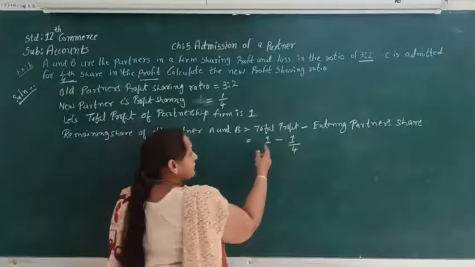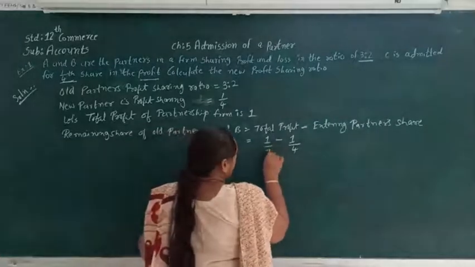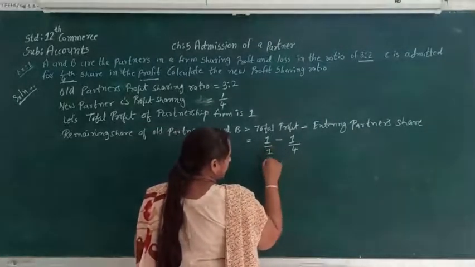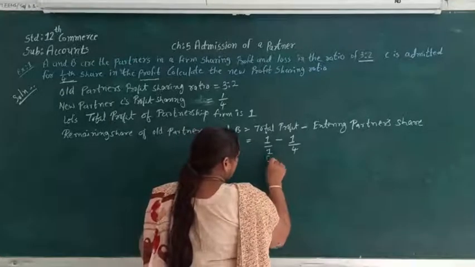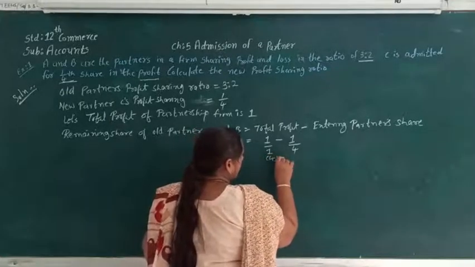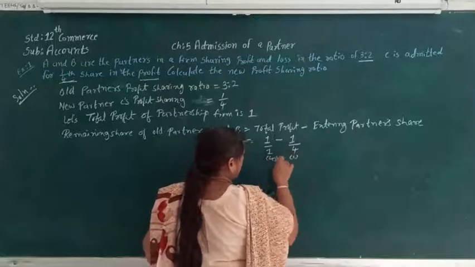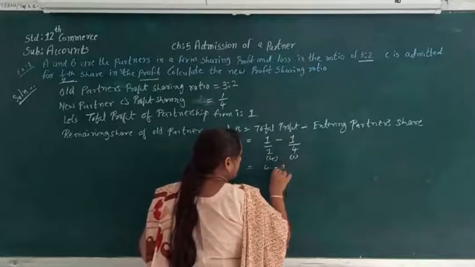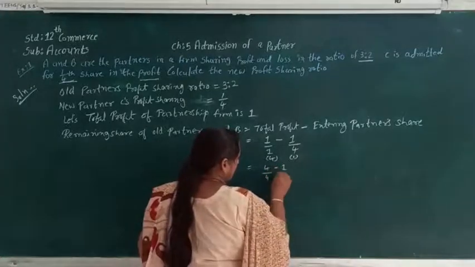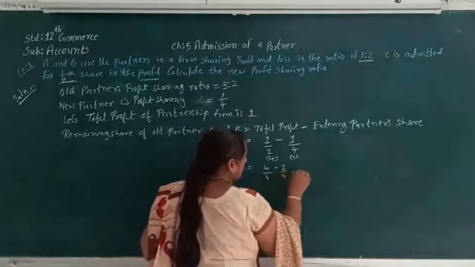As we know, to deduct 1/4 we have to take the LCM, and for that we make it 4 over 4 and here 1. From 4 we deduct 1, so it will be 3/4.